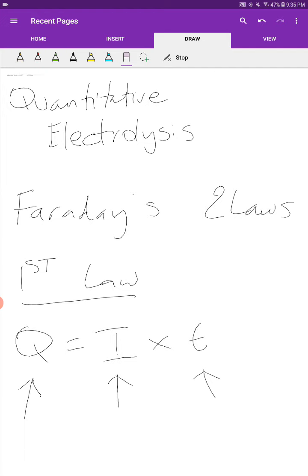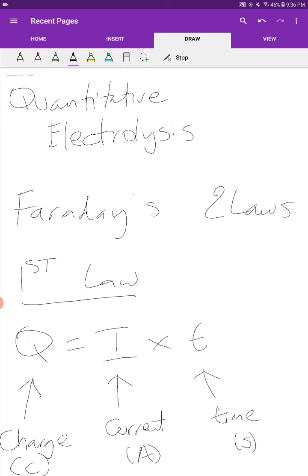Okay, so Q is the charge, and that charge is usually measured in units called coulombs. We abbreviate it C. Alright, now I represents the current that's flowing in the circuit, and T represents the time. I is measured in amps, and the time is going to be measured in seconds.